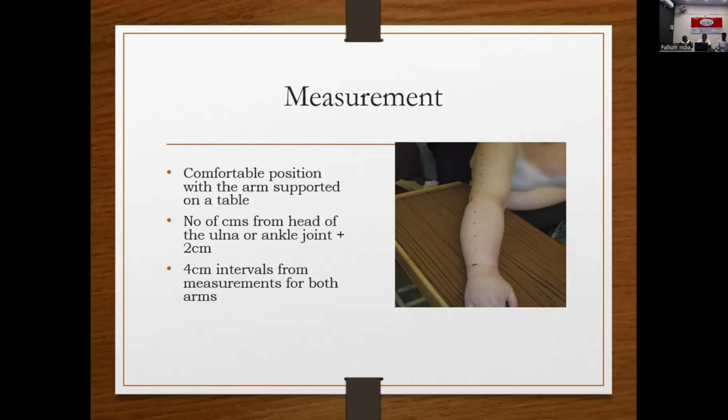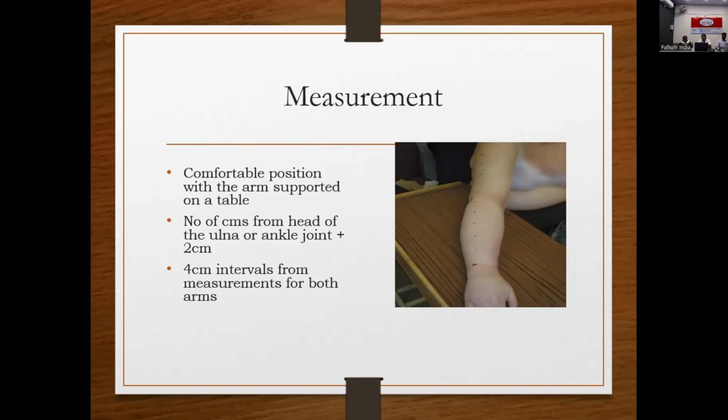For taking measurement, we give a comfortable position with the arm supported on the table. Measure the number of centimeters from the head of the ulna or ankle joint, and after that, every 4 centimeters. First, identify the ulna or ankle joint and take the circumference at 2 centimeters above that point.